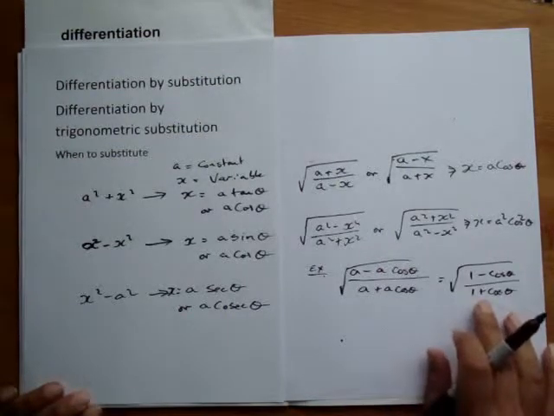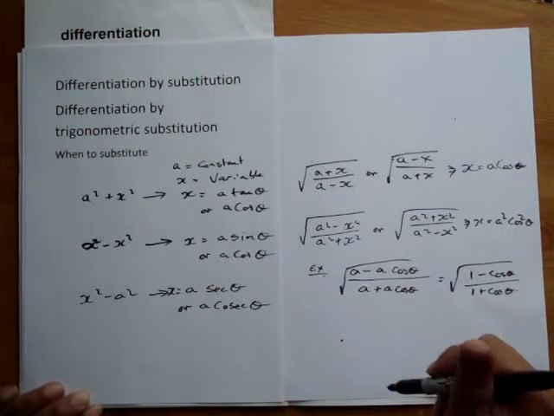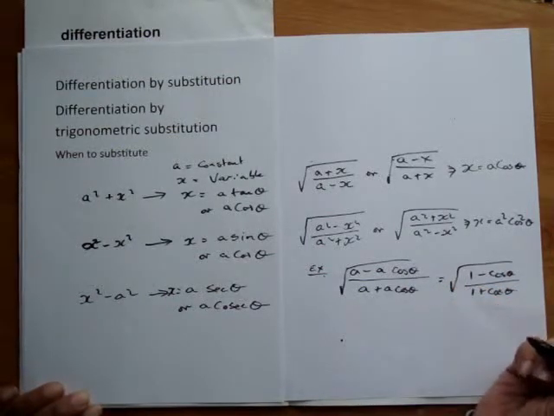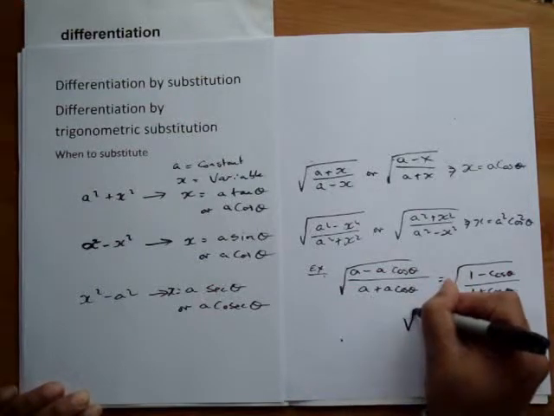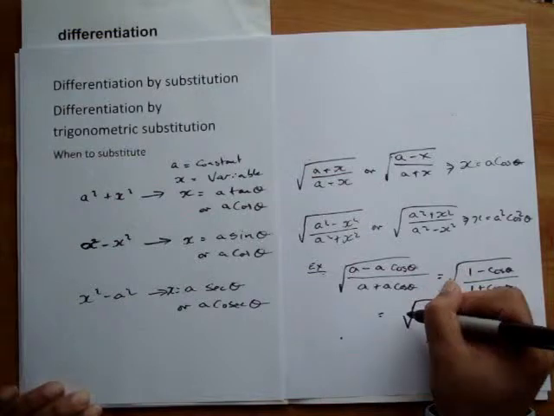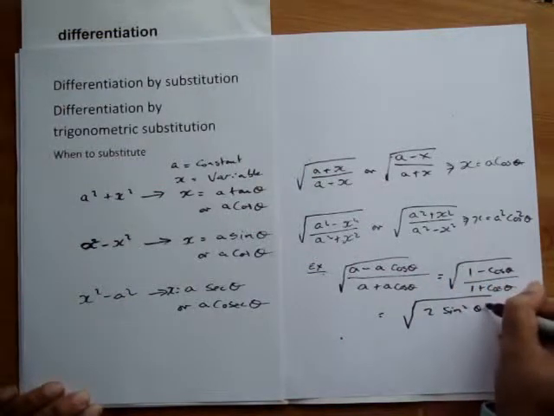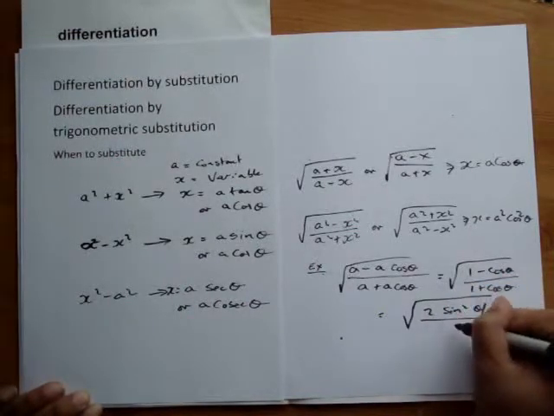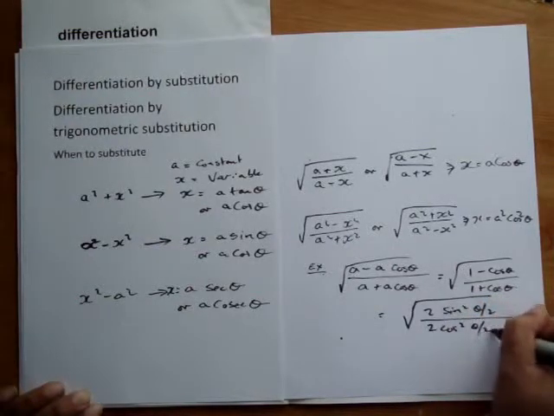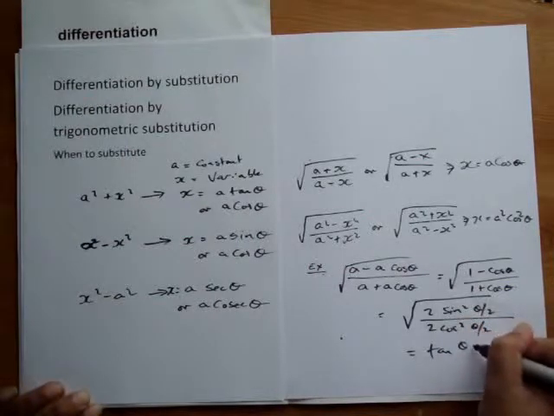And then all we do is replace the 1 minus cos theta and the 1 plus cos theta with the derived formulae that we have, and we get the square root of 2 sine squared theta over 2 over 2 cos squared theta over 2, and that equals tan theta over 2.